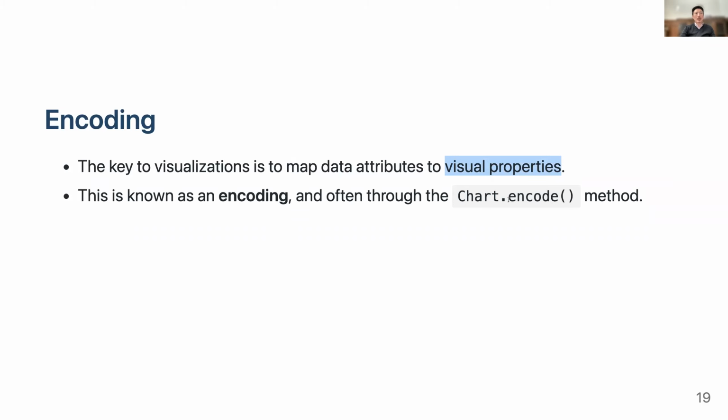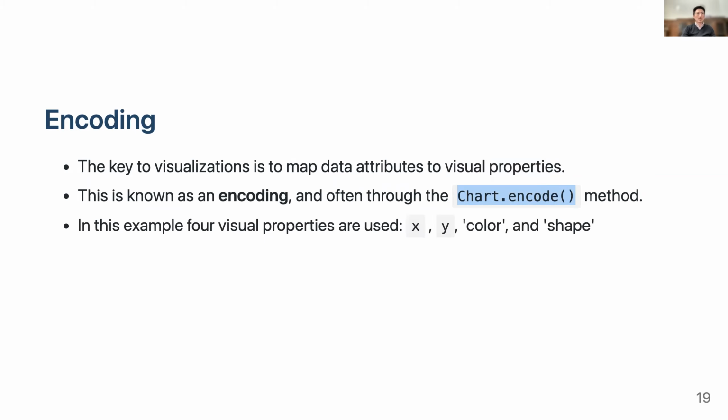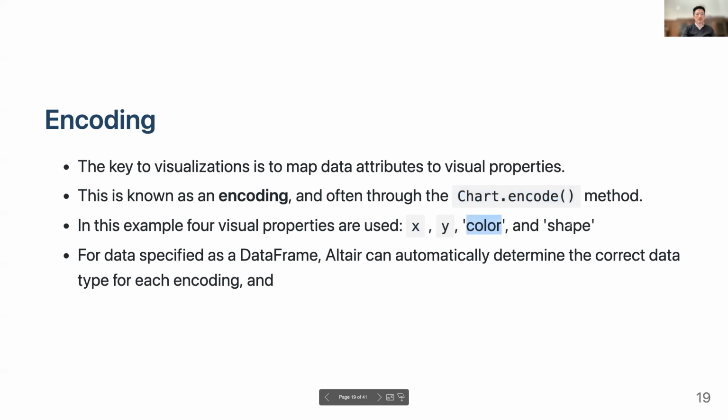Okay. And we have done this quite a few times already because we have been using the chart.encode method all the time, which is the function that does the encoding. There are some predefined channels that you can map to, and the ones we use the most are X and Y, and we also use color, and there's a list of different visual encodings we'll see a little bit later on.